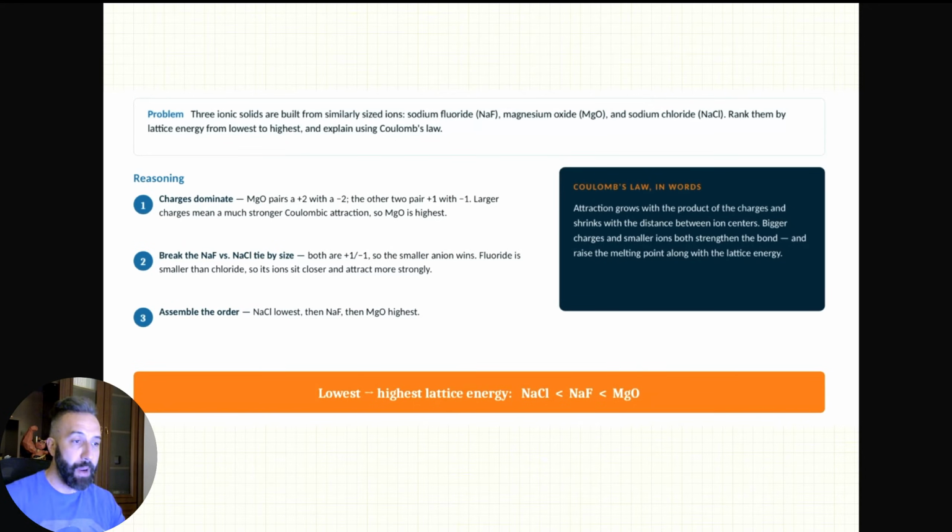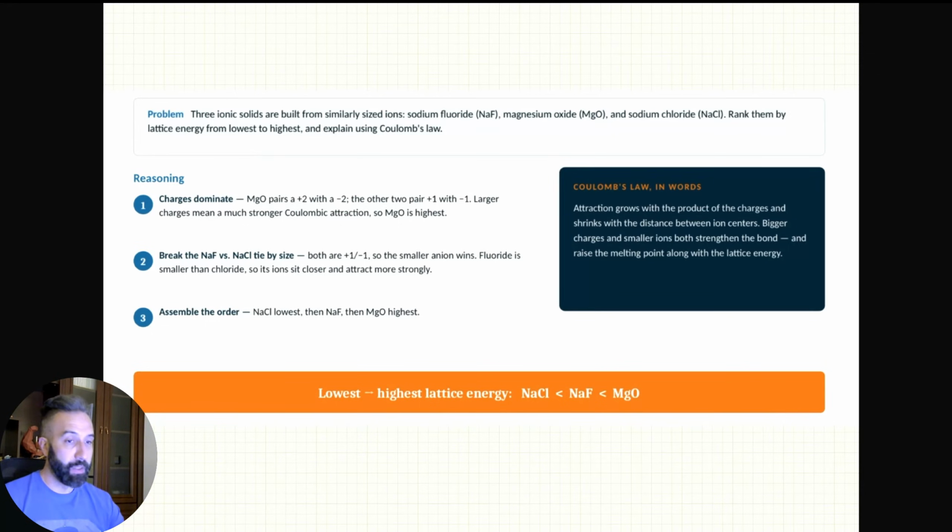But if we are comparing NaCl and NaF, the only difference is that NaF is in period 2 and NaCl is in period 3. So F- is much smaller but has the same charge of -1. So you've got Cl- and F-, they're both -1, but F- is much smaller.